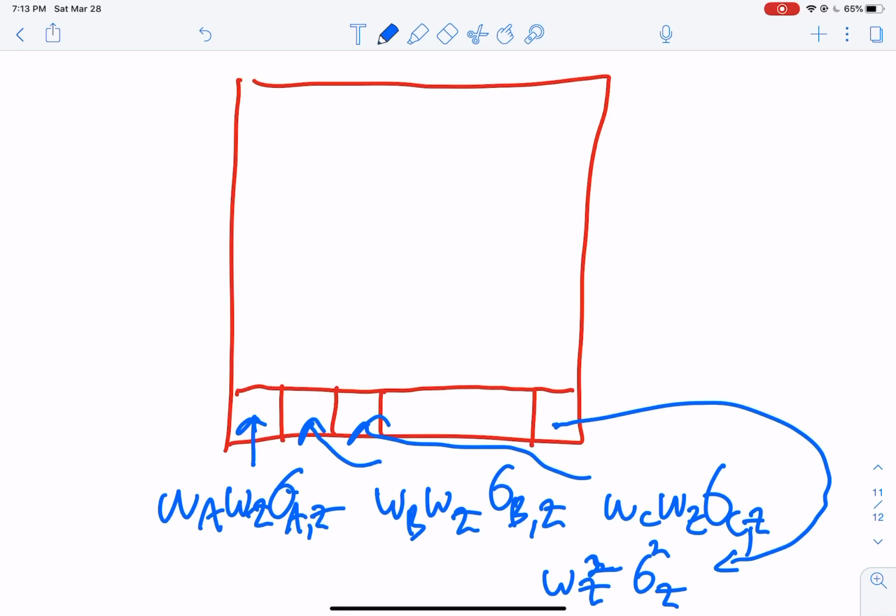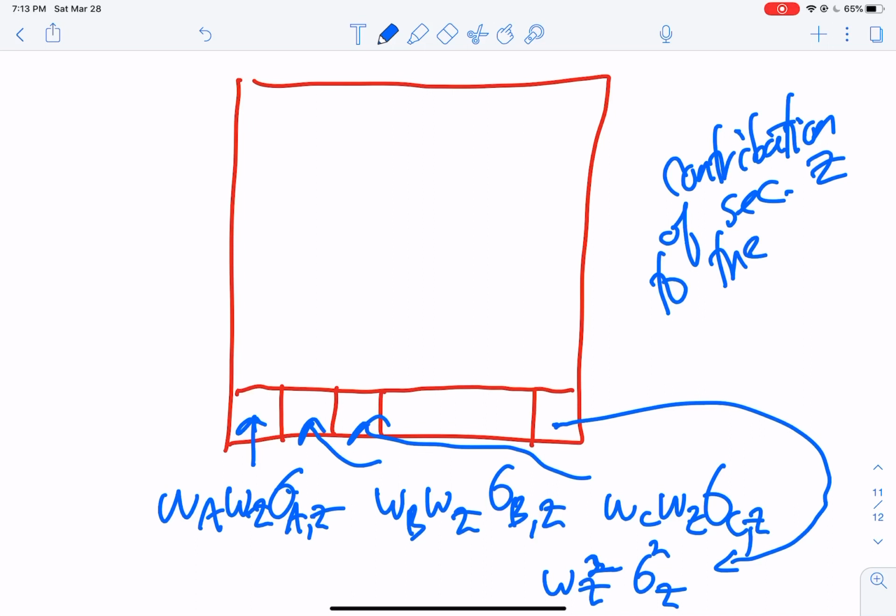And so we could consider this bottom row to represent the contribution of security Z to the risk of the portfolio.